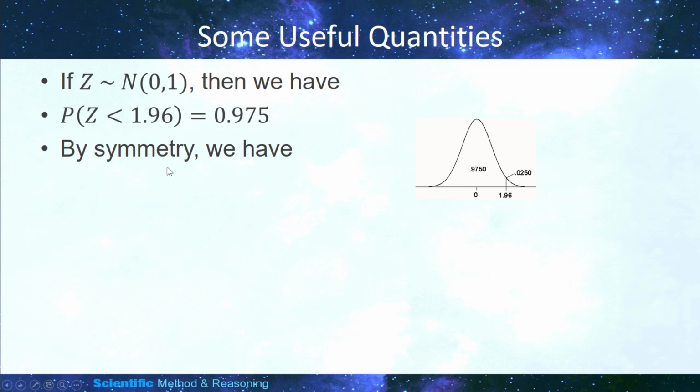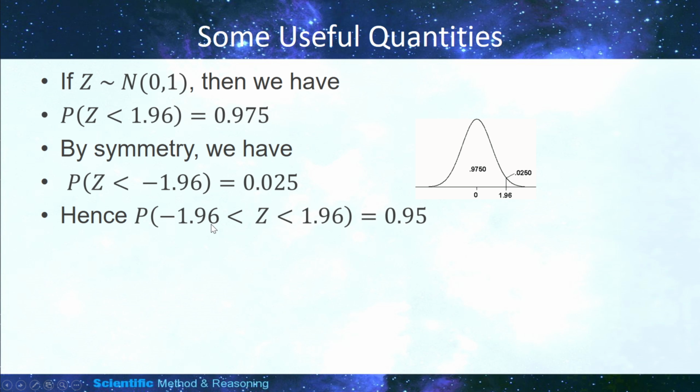By symmetry, the probability that a standard normal random variable takes on a value less than minus 1.96 is the same as the right-hand side, which is 0.025.